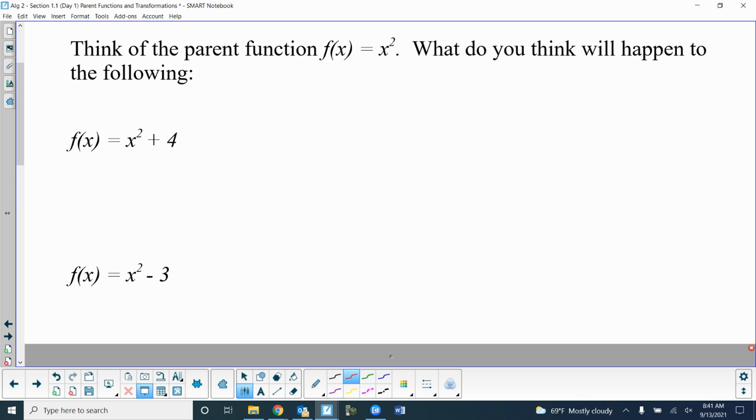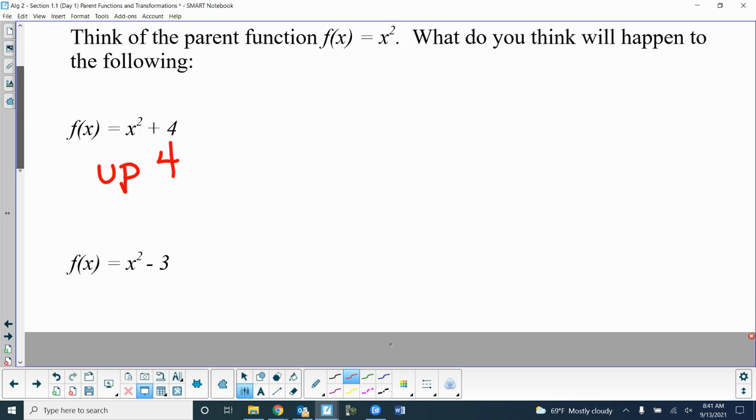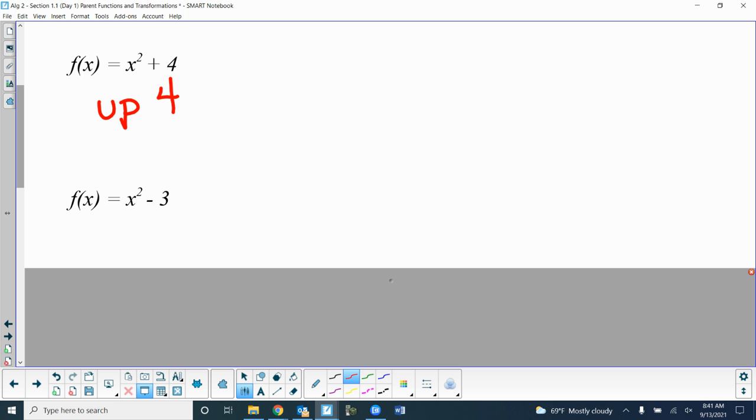What happens? Somebody said it. Goes up 4. Thank you, Cole. So this one goes up 4 when it's outside. All right? When it's not in parentheses or in absolute value signs, it's outside of it. You just do what it says. That goes up 4, so this one's going to go down 3, right?